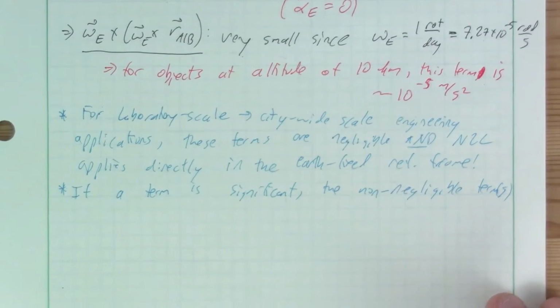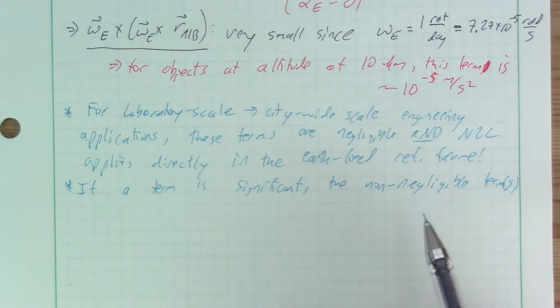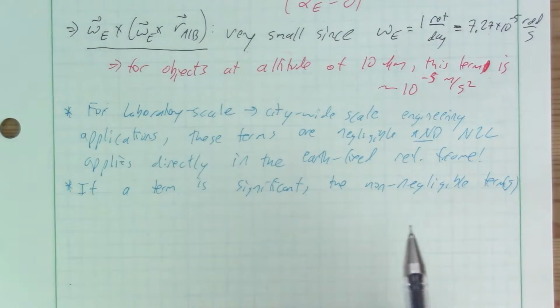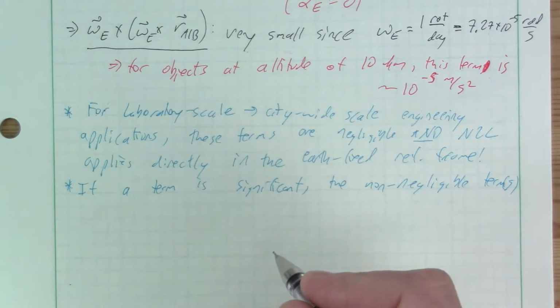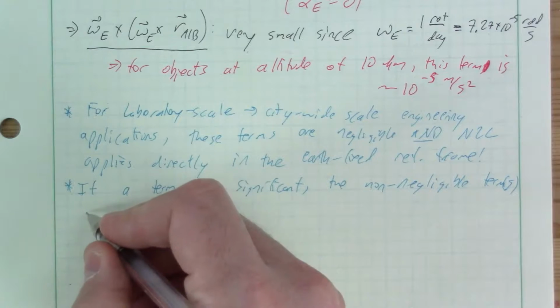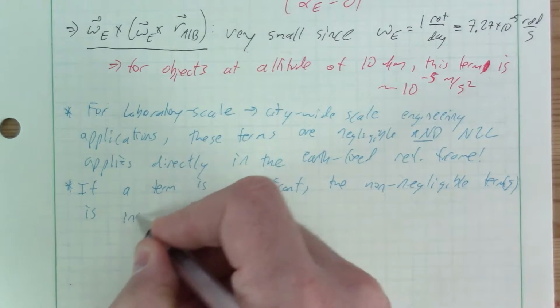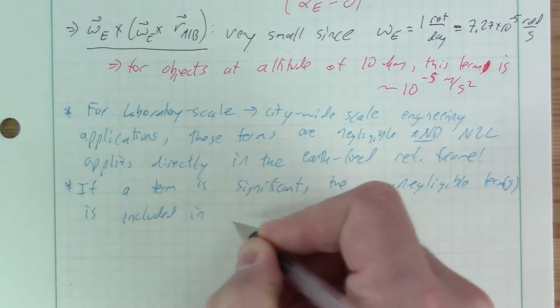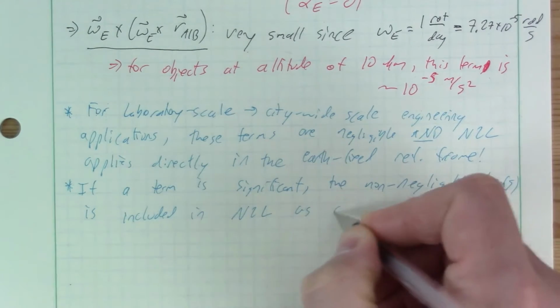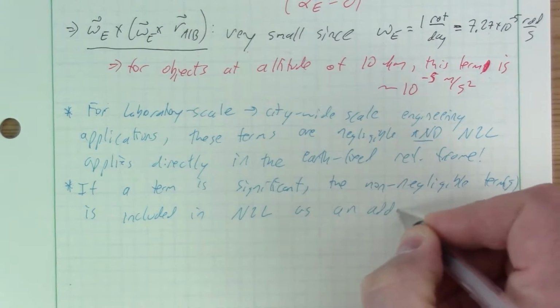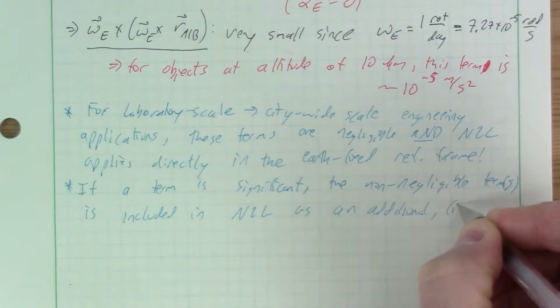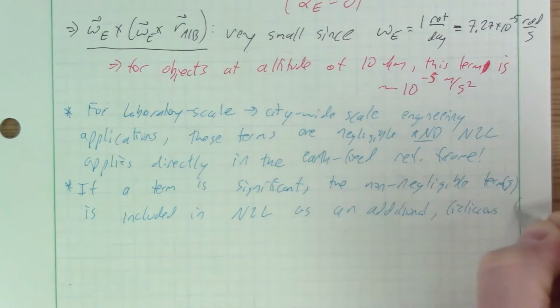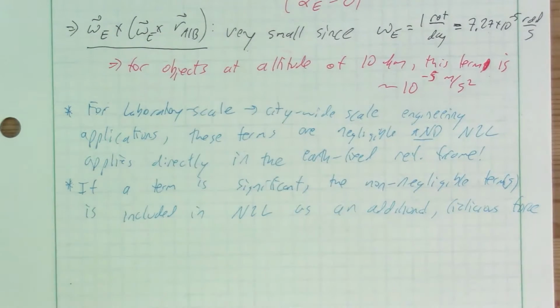All right, so this is a place where the math modeling the system works out perfectly. So if a term is significant, the non-negligible term is included in our Newton's second law as an additional fictitious force. Okay?